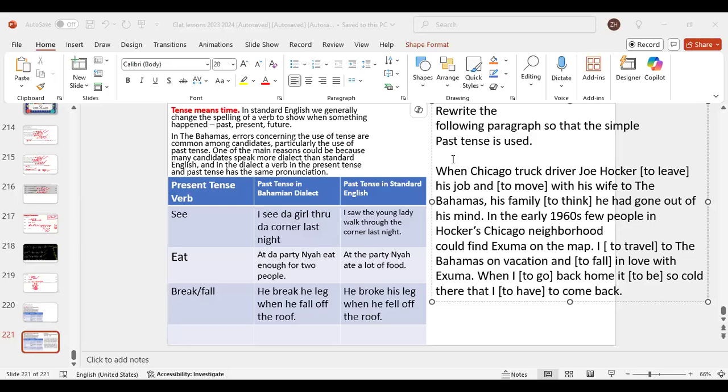Okay, take a picture of your work and send it to me via WhatsApp. Randolph? Where's Randolph?